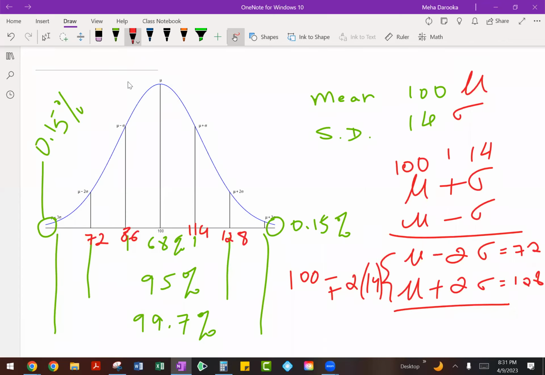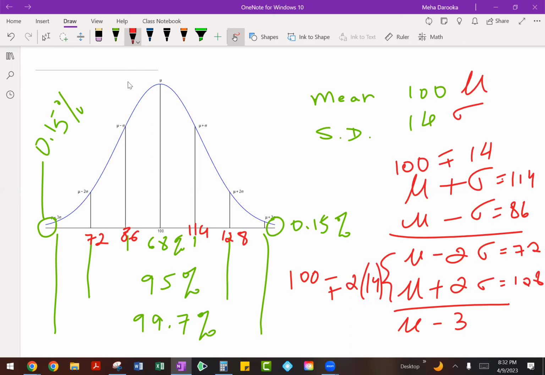When we did plus or minus just 100 and with the 14, for the subtraction, we got 86. For the addition, we got 114. Now, the last part we're going to do is plus or minus 3 times the standard deviation.